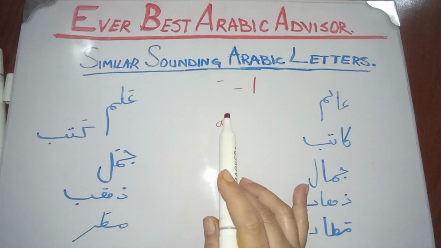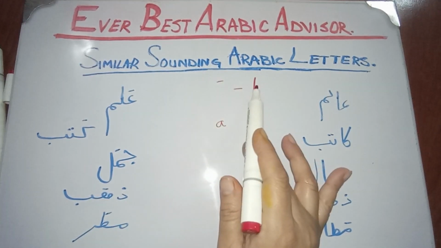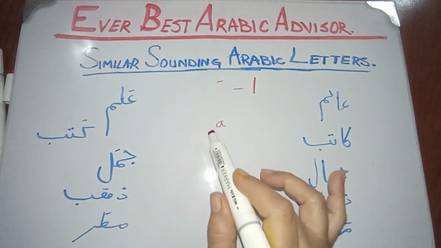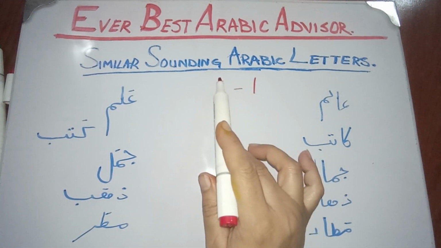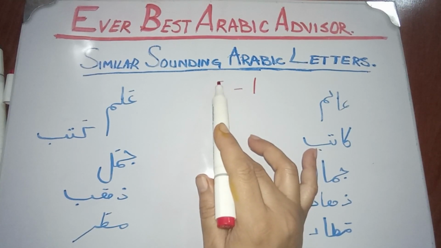In this video, I will teach you the difference between the alif and the fatha. Alif and fatha both have a sound just like in English, but actually alif is a letter and fatha is a sign in Arabic. Fatha can be over any letter.